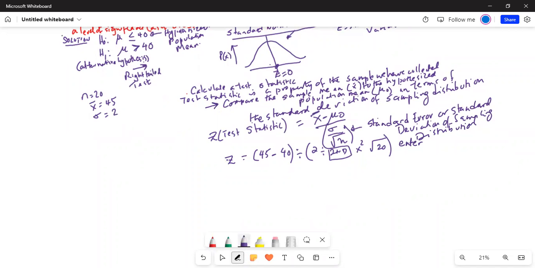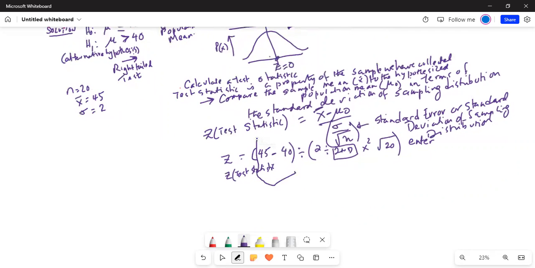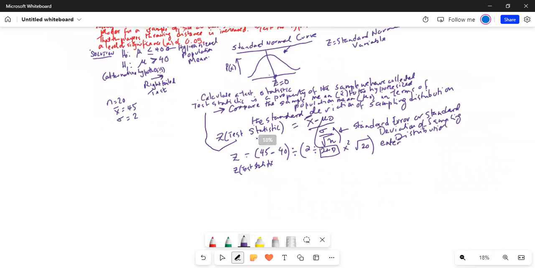So my Z, or the test statistic, is the characteristic or the property of the sample. So the test statistic, Z is the test statistic, right?